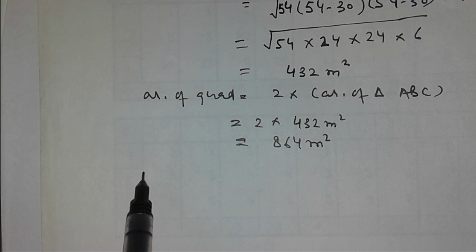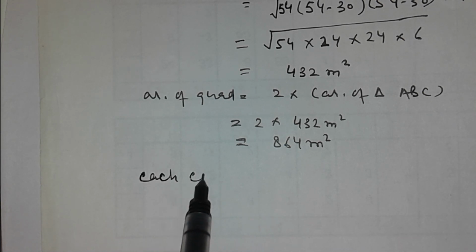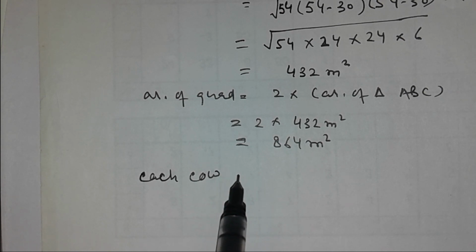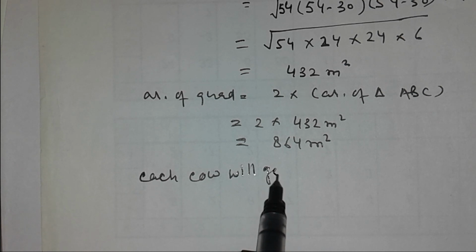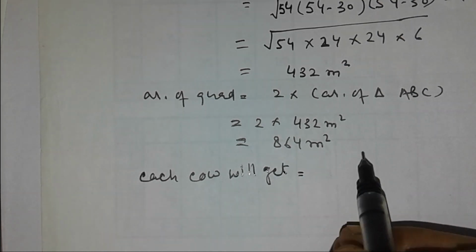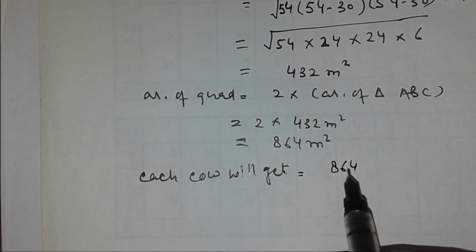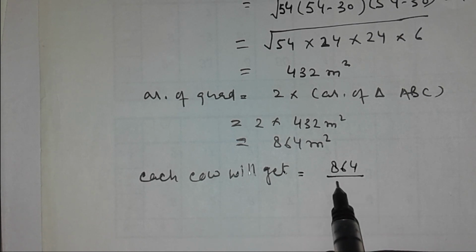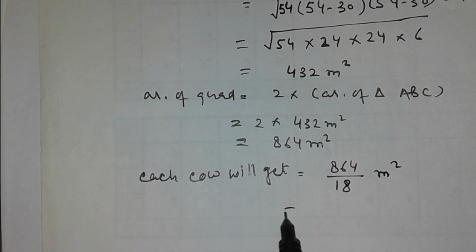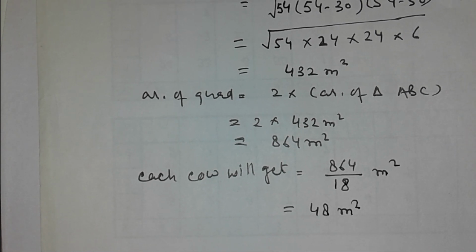So now each cow will get 864 divided by 18 meters square of the area. So each cow will get 48 meters square area to graze. This question number 5 we have done. Now we will take some other question.